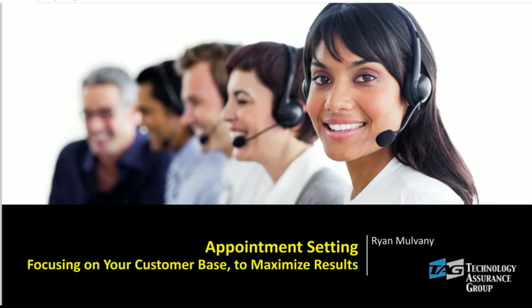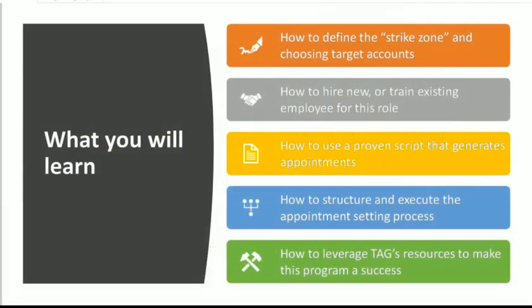So we'll jump in here and break down the process into five categories. To start with, we want to define the strike zone, meaning who are we going to identify? We're going to choose 10 accounts. The thought process is that we want to cherry pick and give ourselves the best opportunity to be successful.